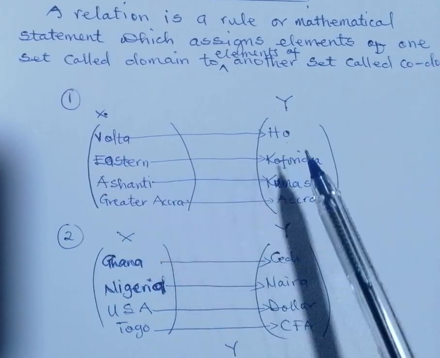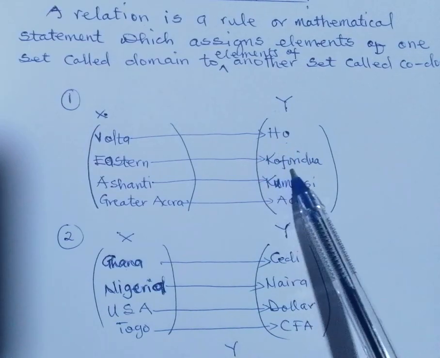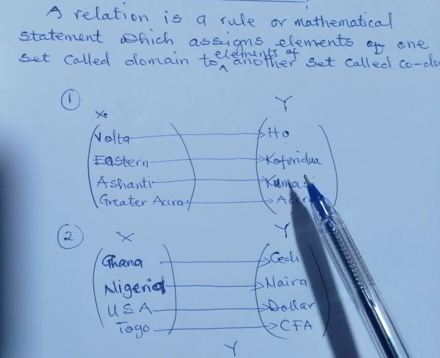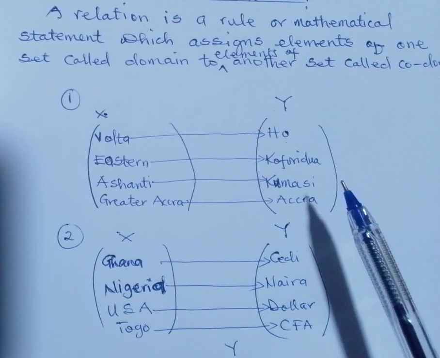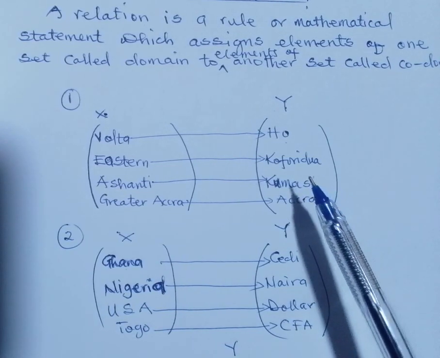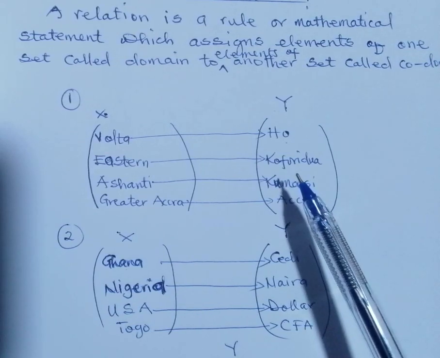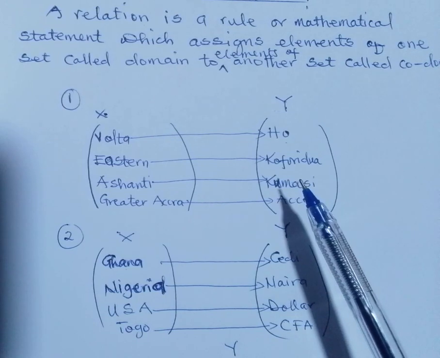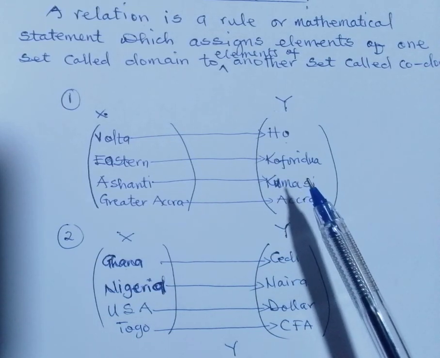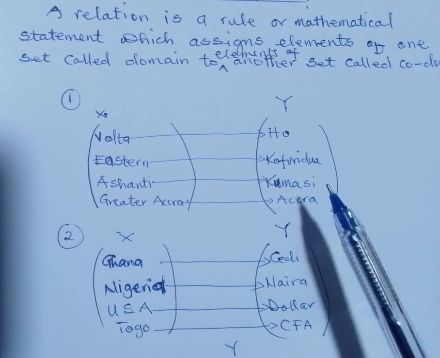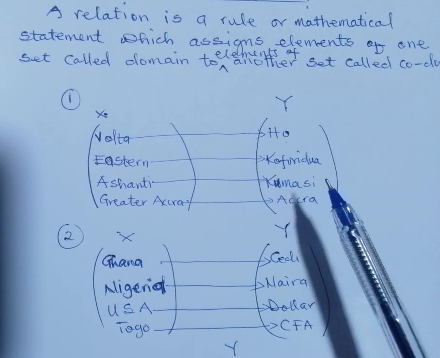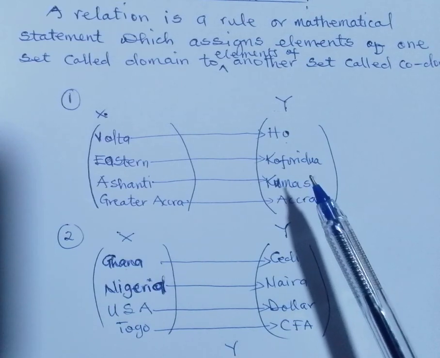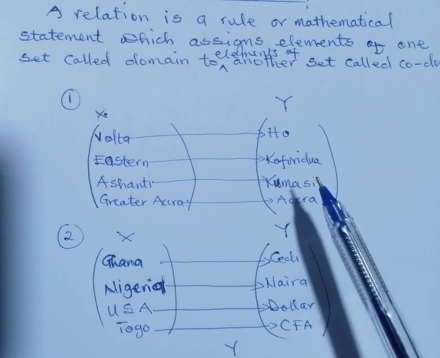We can also call the same values in the codomain the range. So here I'm giving you different names that we can call the codomain. One is dependent variable. We can also call them images. We can also call them range. Next lesson we shall look at what the range, the images, and the dependent variables are.